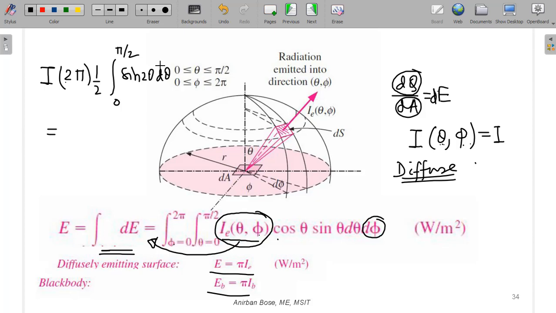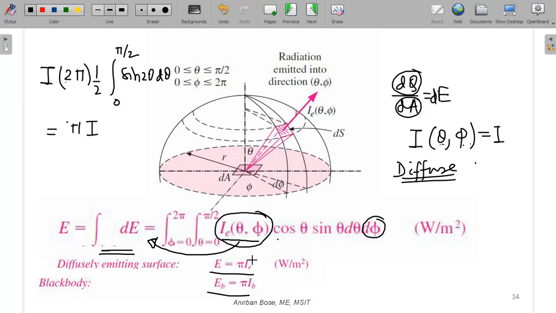If you do this calculation, the integration of sine 2 theta is minus cos of 2 theta divided by 2, and if you put in those values, your final expression will be pi into I. So we are getting a very interesting result.